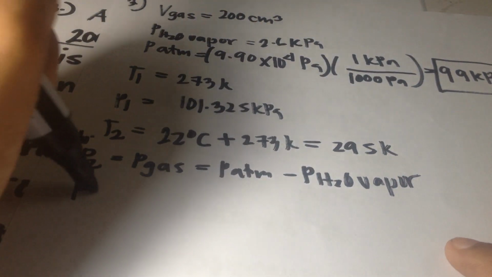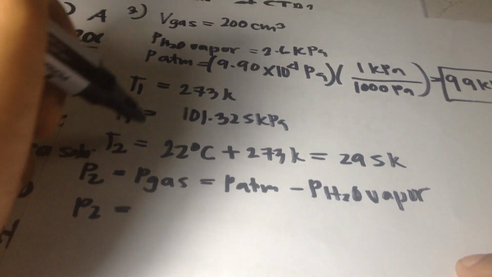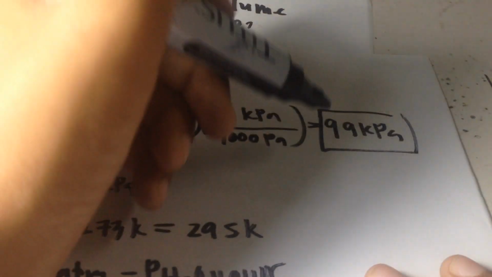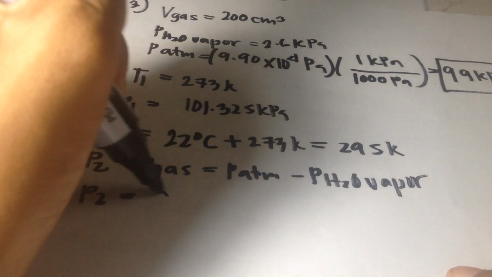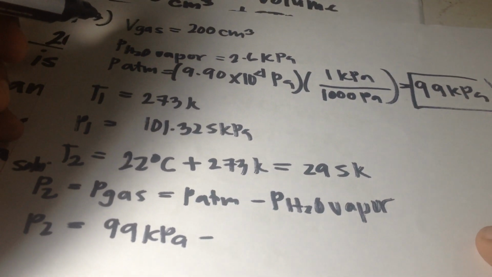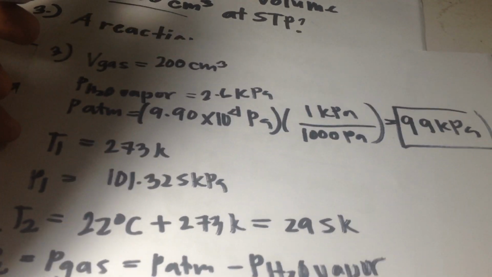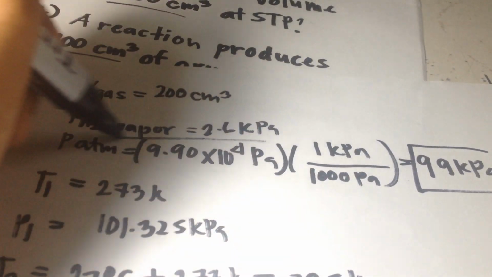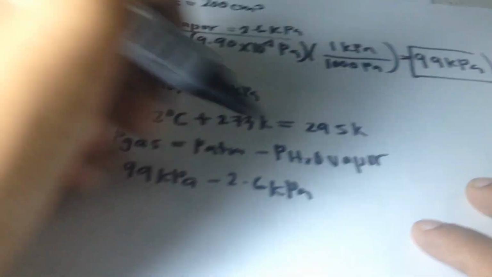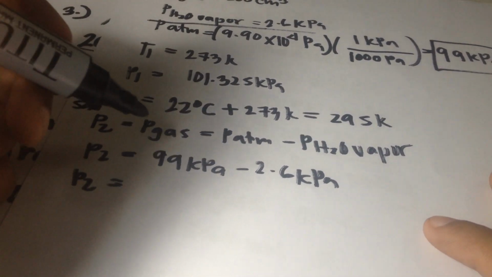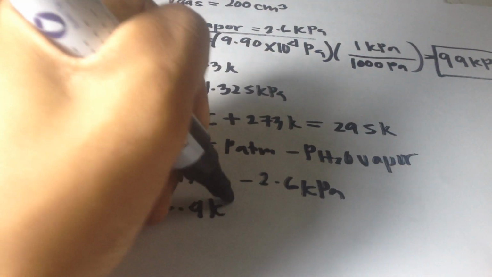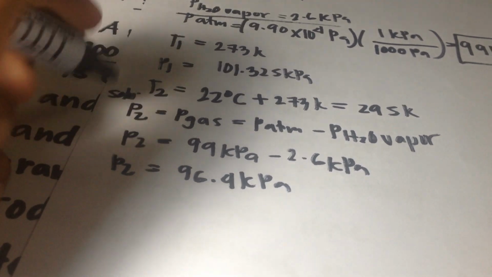So P2 is equal to PATM, which is 99 kilopascal, minus the water vapor pressure of 2.6 kilopascal. So P2 is equal to 99 minus 2.6, which is 96.4 kilopascal. So we have pressure 2 now.